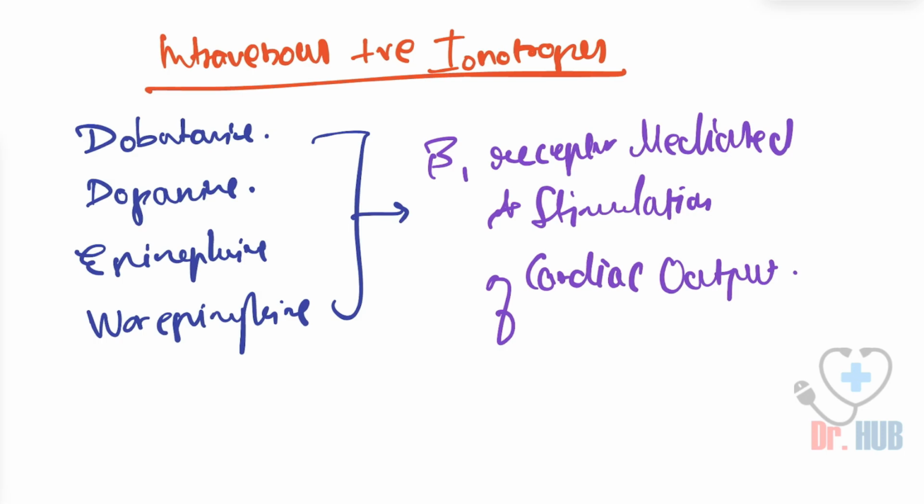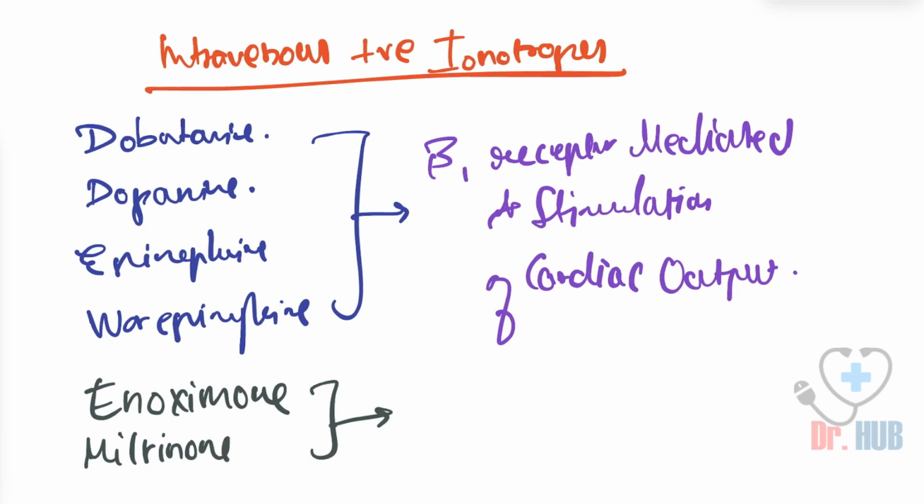Then we have another class of drugs that includes inamrinone as well as milrinone. These two are PDE 3 and 4 inhibitors.